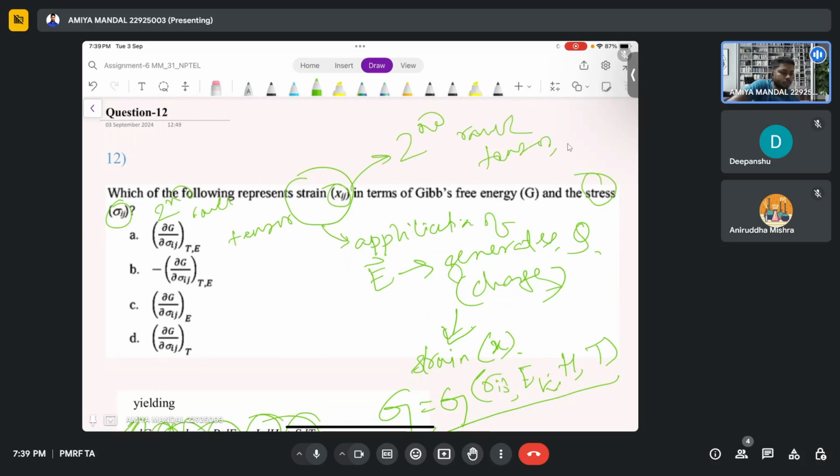So the answer will be this, negative of, where temperature and electric field are constant. These two are constant properties. Okay, now question number 12 is done.